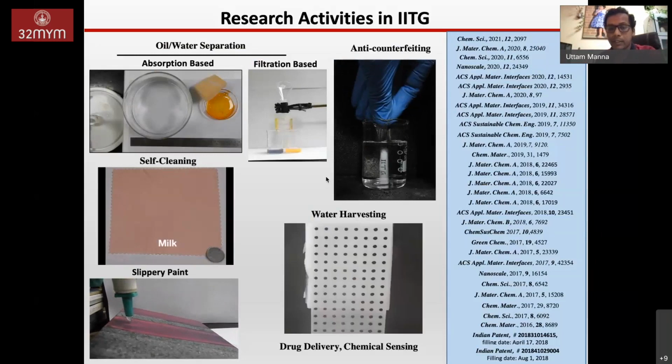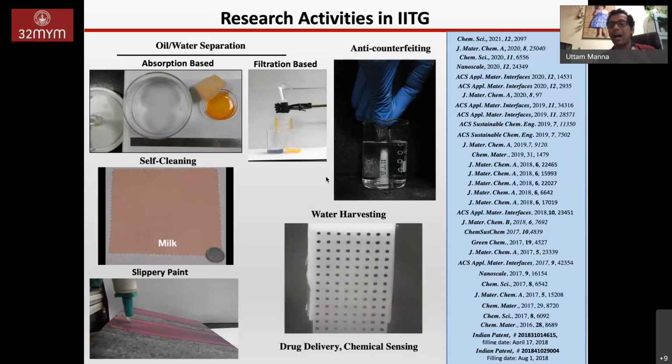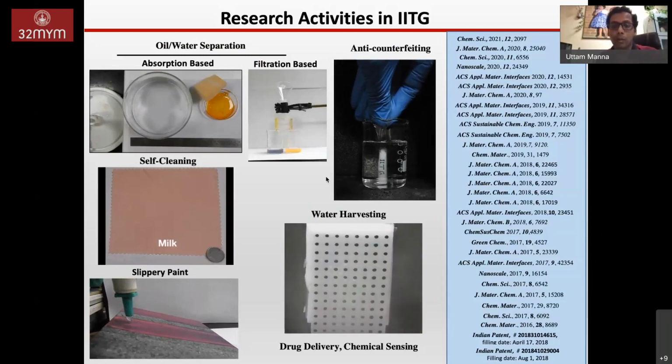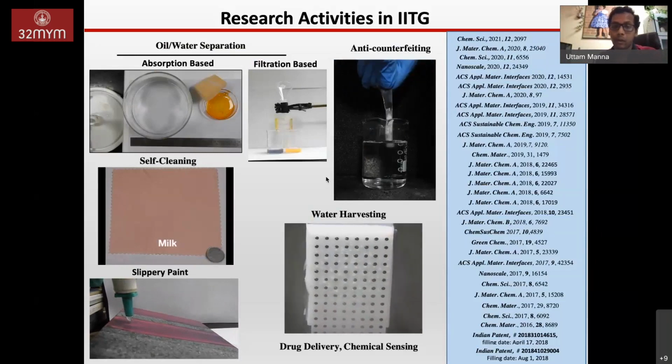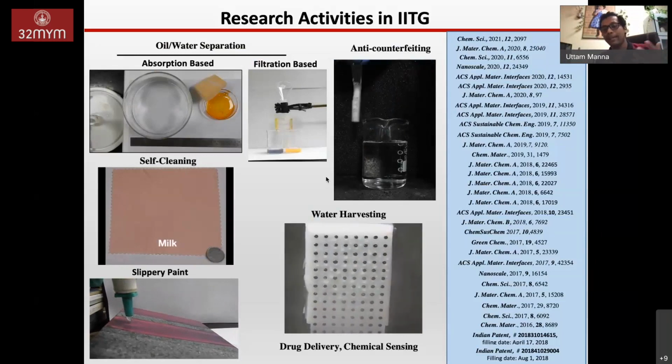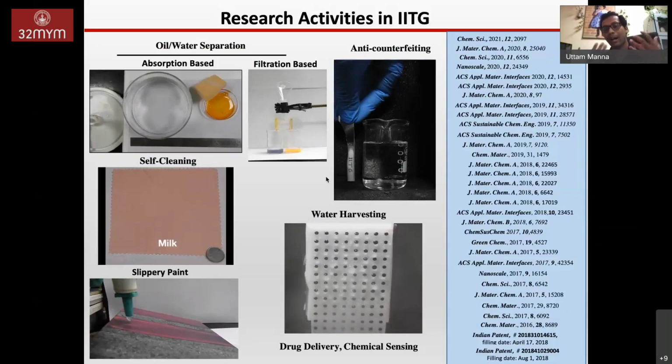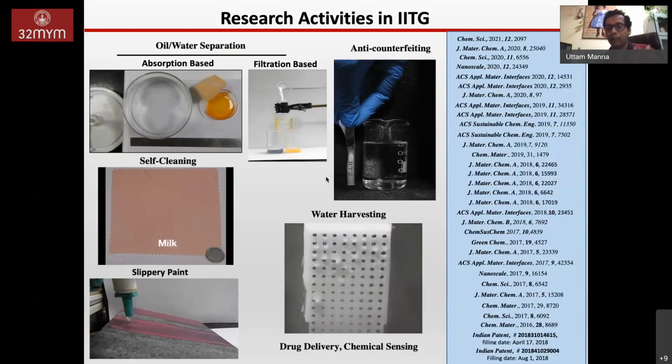And very recently, we started a venture where we can harvest water. There are a lot of water crises all over the world, right? So you can develop an interface which can harvest water from water mist or even from atmospheric air, depending on the situation.